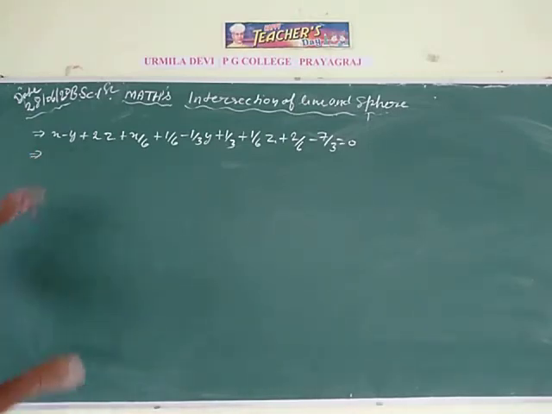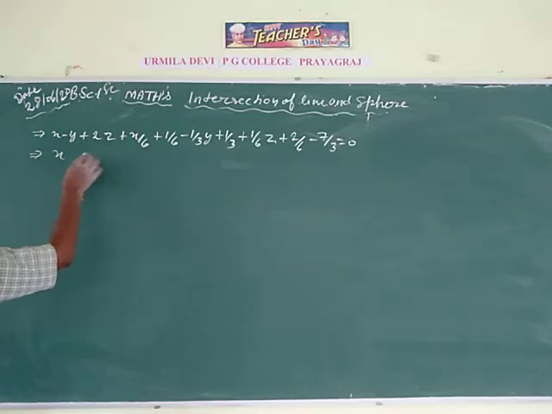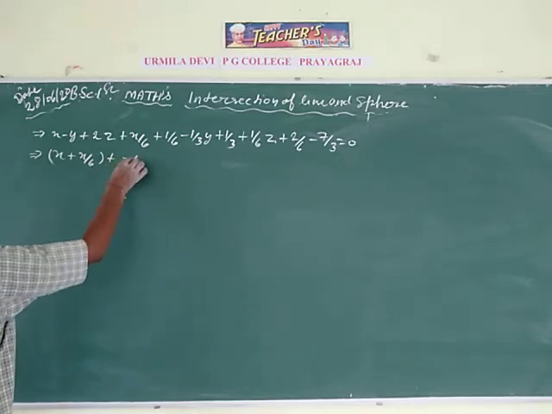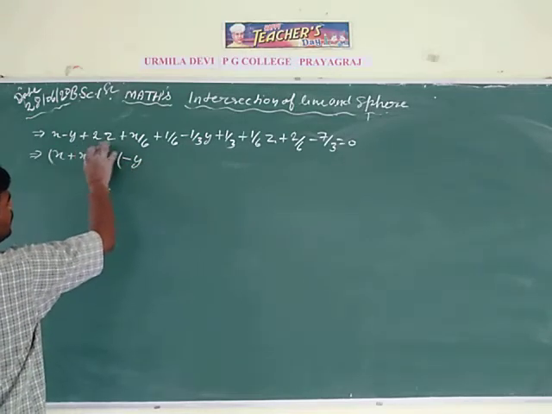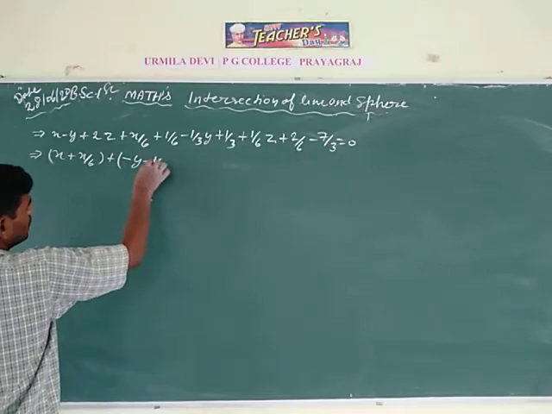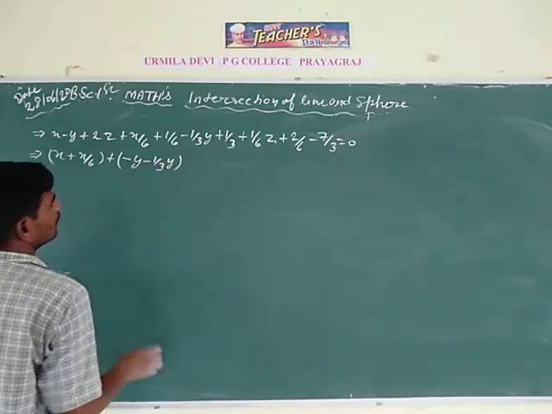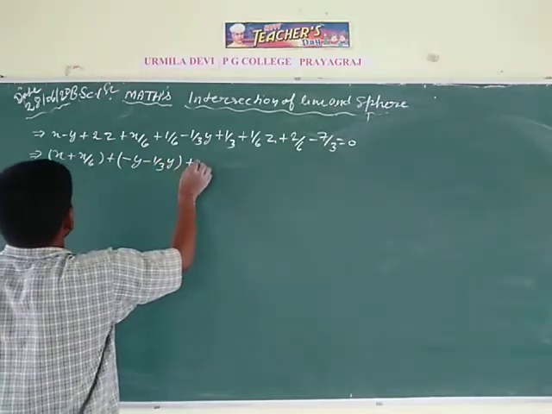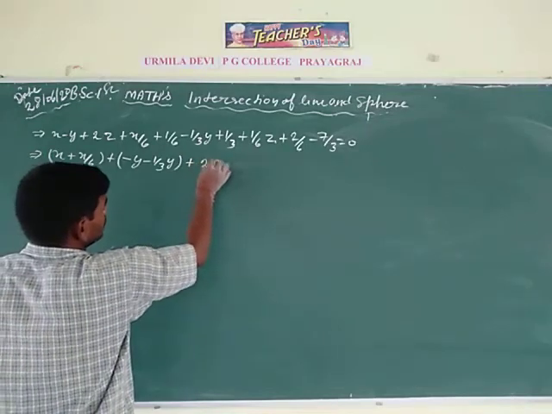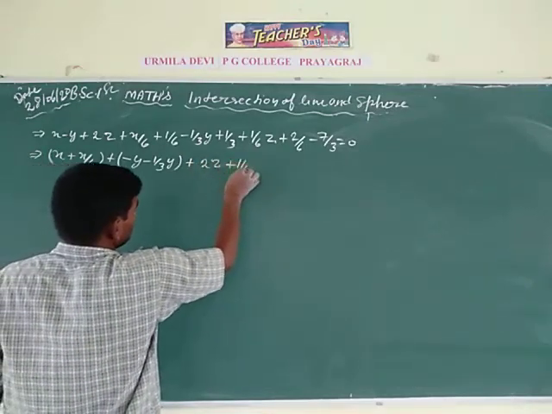After simplification, write in the form: x components are x plus x by 6 taken in one bracket, plus y components minus y and minus 1 by 3 y, and z components are 2z plus 1 by 6 z.